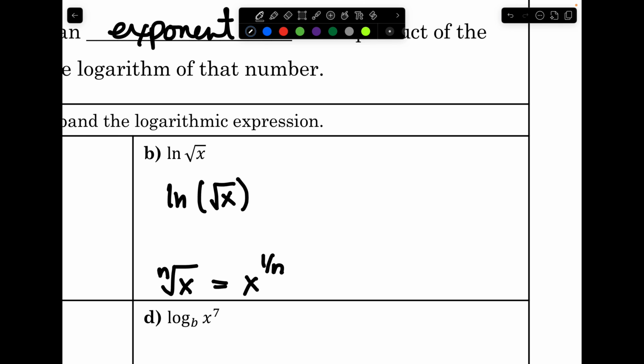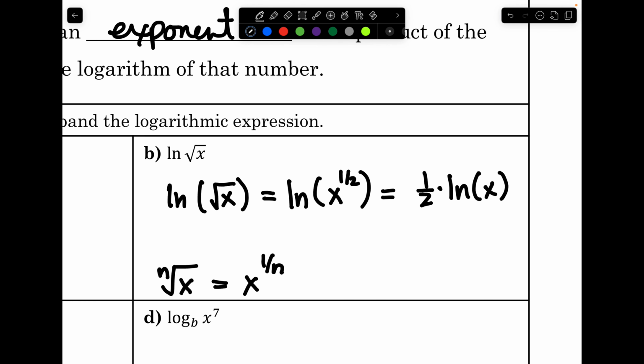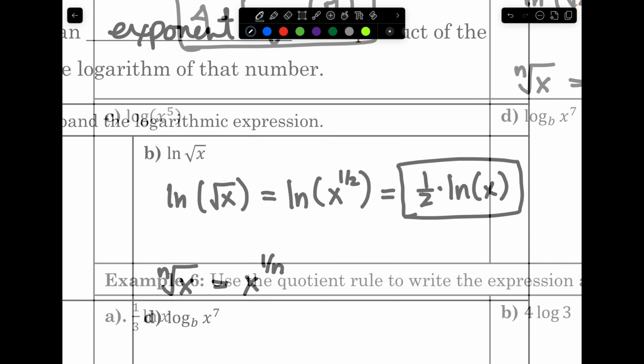Since this is the square root, x is being raised to the 1/2 power. Applying the power property, I can pull that exponent to the front and multiply the natural log of x by 1/2. This is the expanded form.